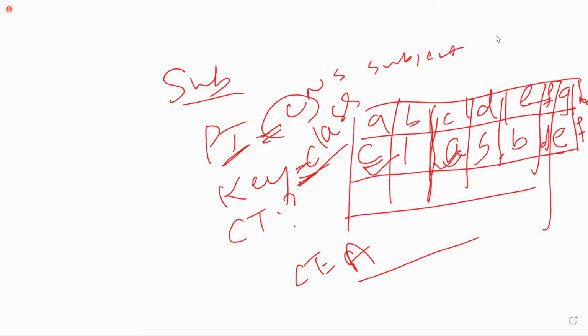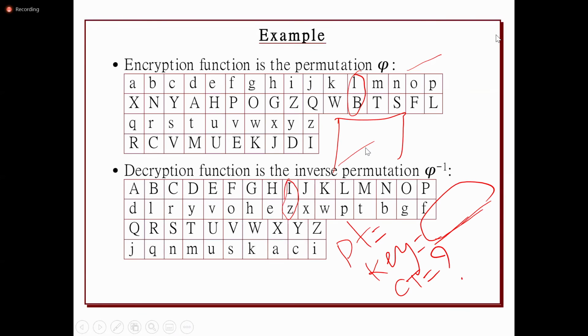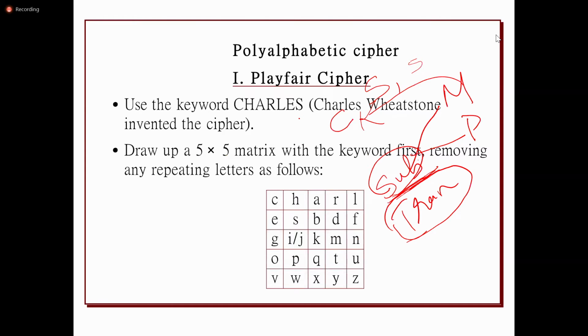If the encryption permutation is directly given like this, we can directly write it. But if it is not given, and there is a keyword, first we substitute the keyword here, then write the sequence of alphabets. We discussed this plain text cipher in the last class.